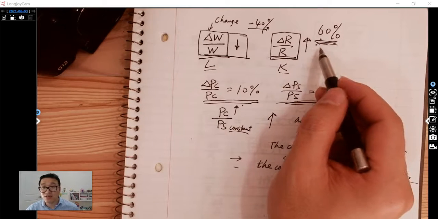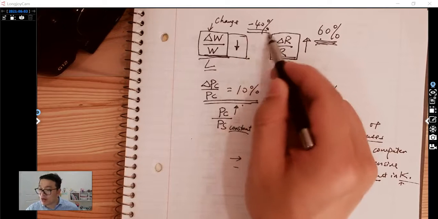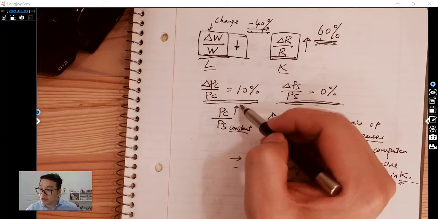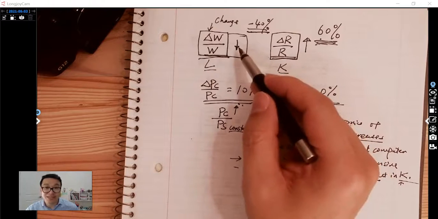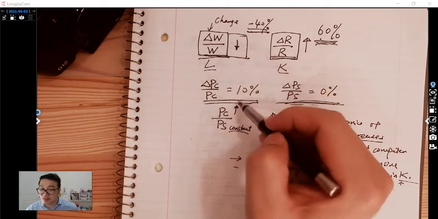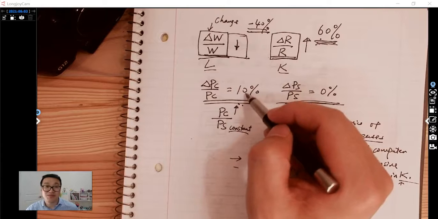For workers, their wage rate already dropped by 40%, and then the computer price increased by 10%. So if the workers use their money to buy computers, you will find that in real terms, how many computers they can afford will decrease even more. That's negative 40% minus 10%, so it's going to be negative 50%.